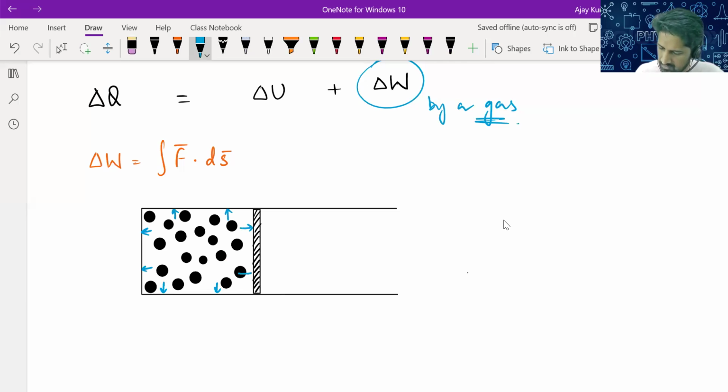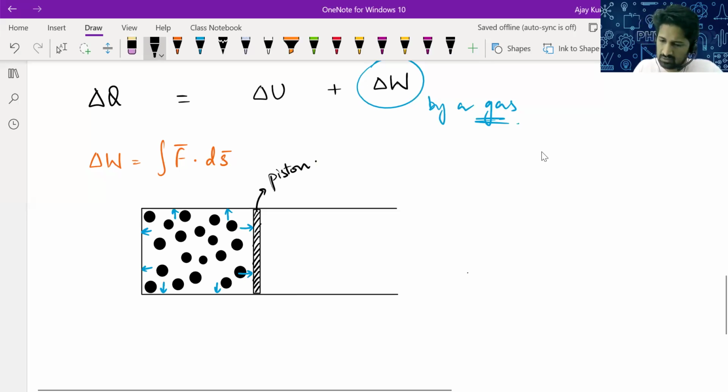Here also. Let's assume this piston that is present is movable. If the piston undergoes some displacement, let's say it moves to this position. This is a simple case that we are considering, a simple container in which gas is enclosed with a piston.